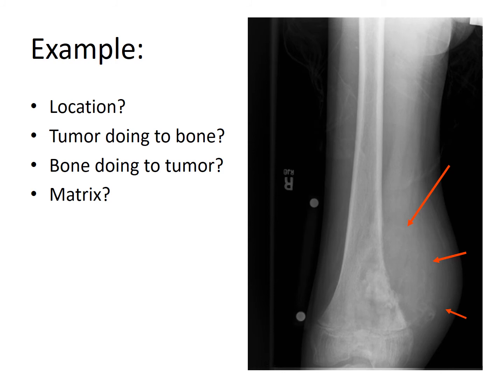There's some bone being made out in the matrix of the lesion, but the cortex is relatively intact, which lets you know that the lesion is very aggressive. It's moving significantly faster than the bone. And then that underlying matrix, what is that? Well, when you look in the metaphysis and in the outer soft tissue mass, you see bone. So it's a skeletally immature patient with an aggressive bone-forming lesion, osteosarcoma.